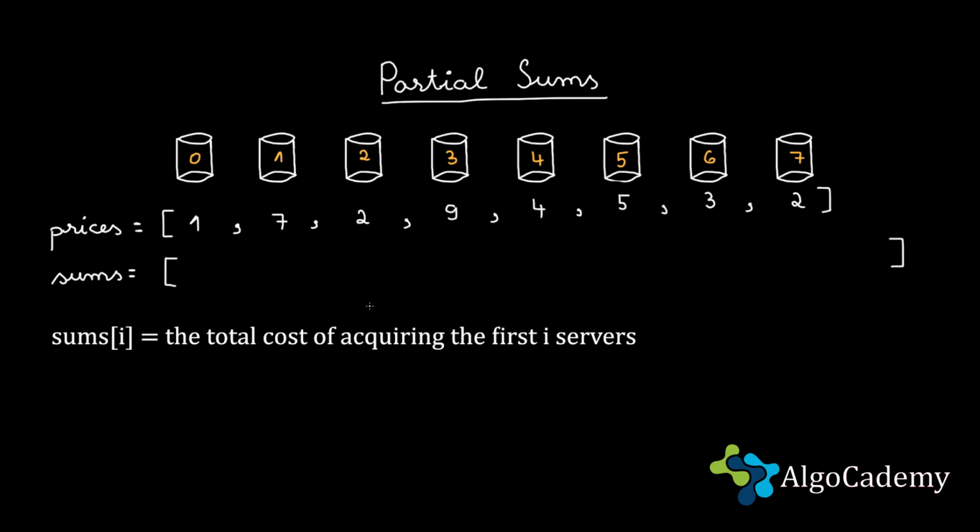One smart thing that we can do here, in order to answer these queries in constant time, is compute other information. Let's say we are going to spend a weekend to compute another array, which I named sums, which will be of length equal to the length of prices plus 1.